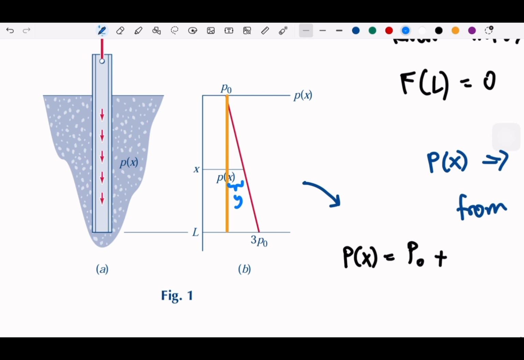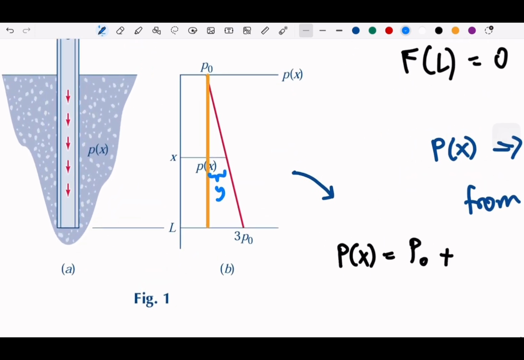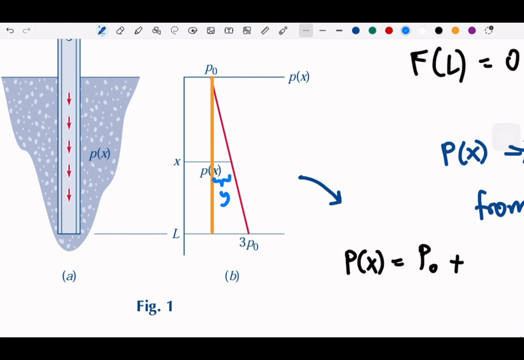And let's say this is y. And that y is going to be, we are using the triangle ratio. So if this is p0, this one here will be 2p0, right?